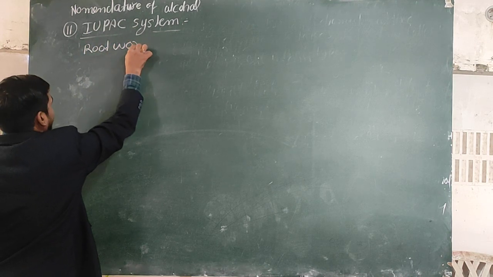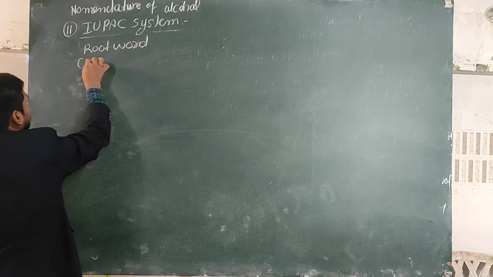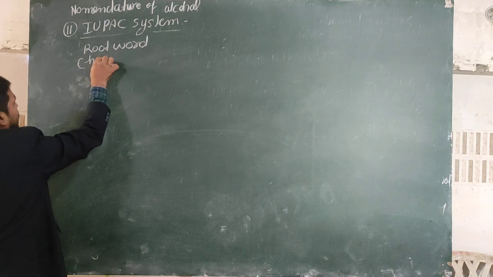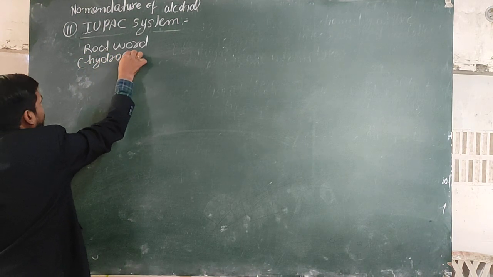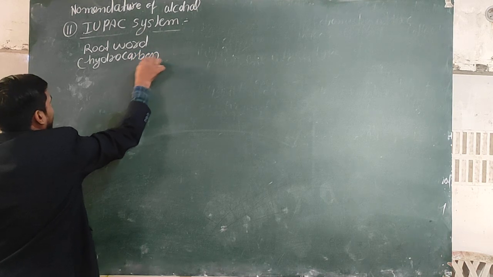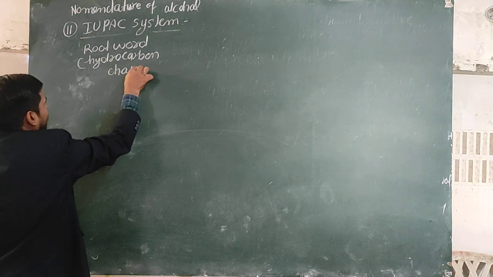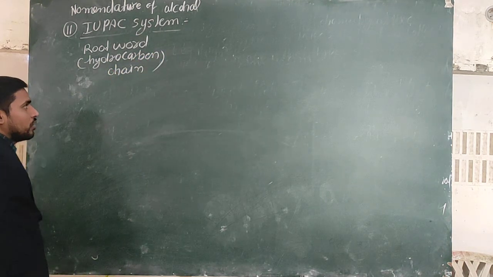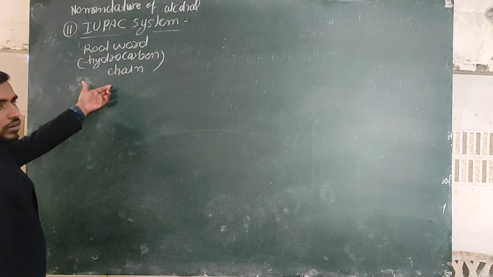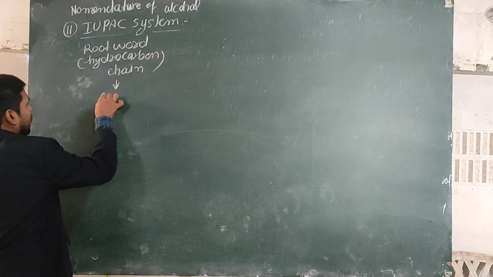word. Root word means hydrocarbon chain. Firstly we write the name of the hydrocarbon chain in the form of alkane.